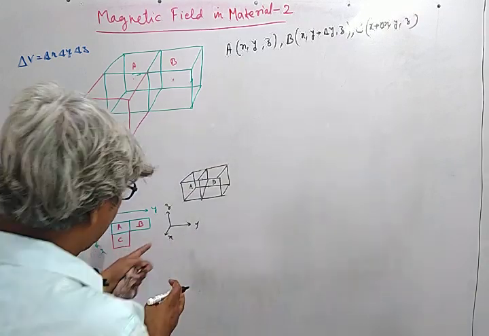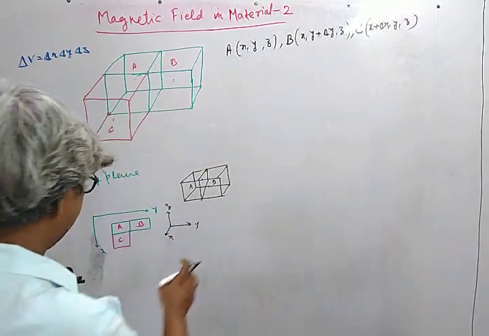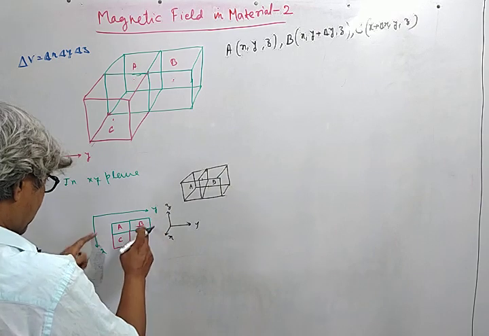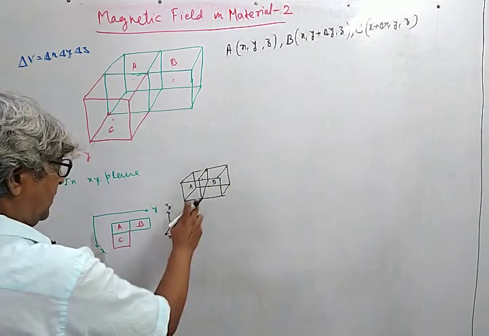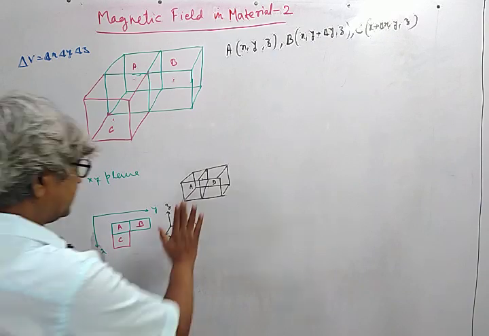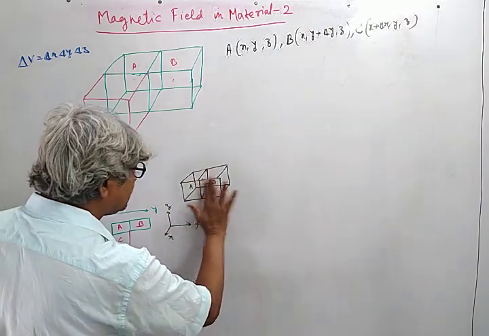If we look down along the x axis, these two appear. So this face is the x equal to constant face.